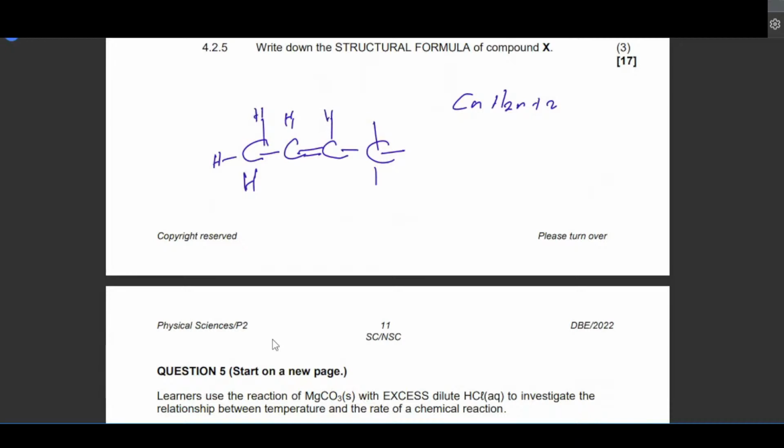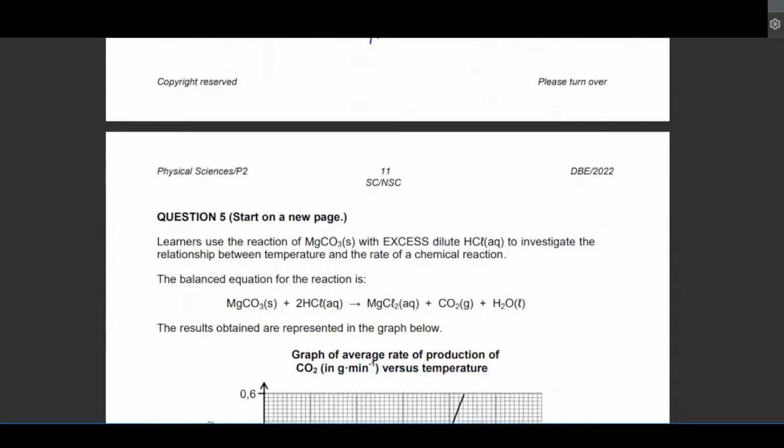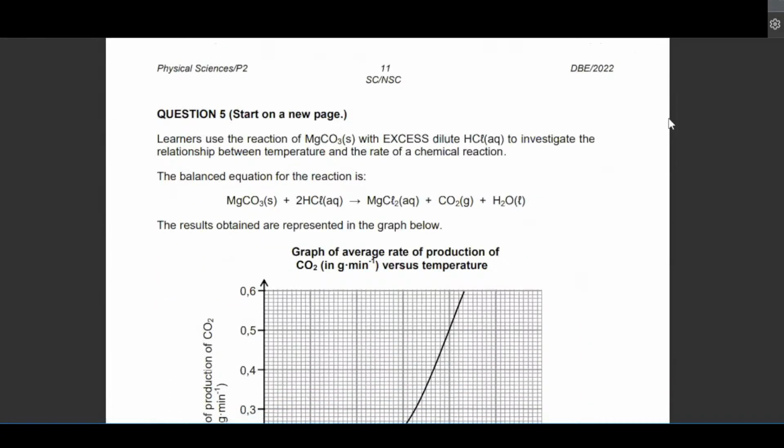So that becomes the answer for the structural formula. So you guys make sure that you try and try your best to do this organic chemistry.